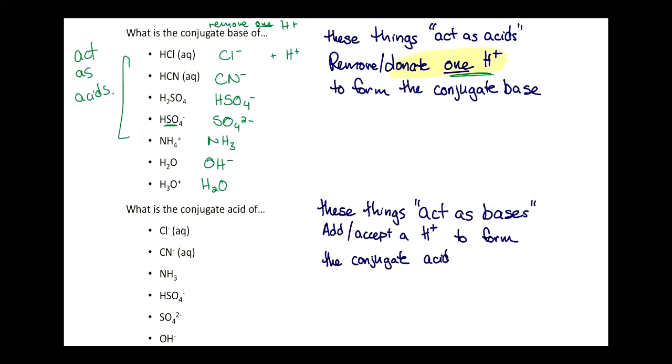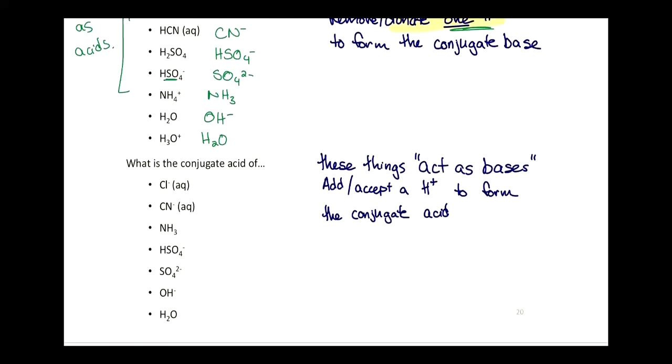So obviously we're going to do the opposite. Let's write the conjugate acid of all of these things. All of these things are acting as what? Acting as bases. Bases accept protons. So we want to actually add back an H plus. But remember, we're not just adding an H, it's an H plus.